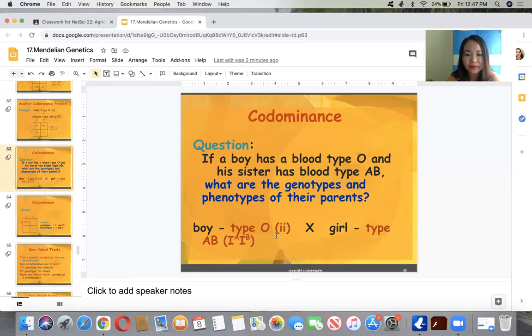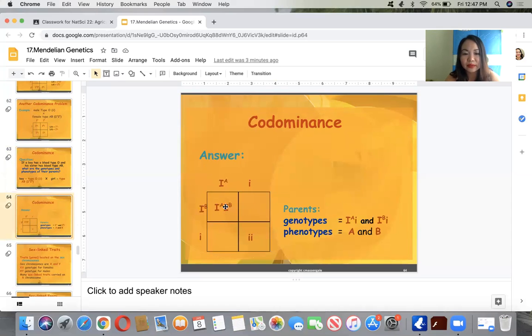Yes, you have type AB and type O. So you have a parent with 1 IA and 1 IB and also type O. So the genotypes would be 1 IAi and 1 IBi with the phenotypes of type A and type B.